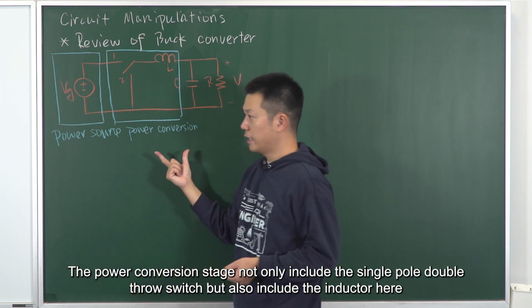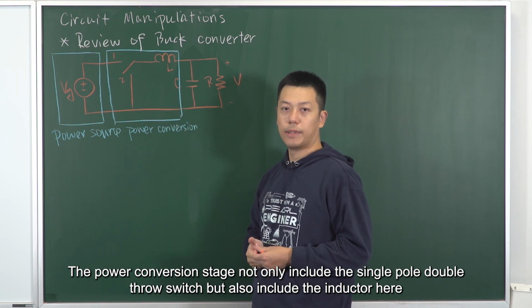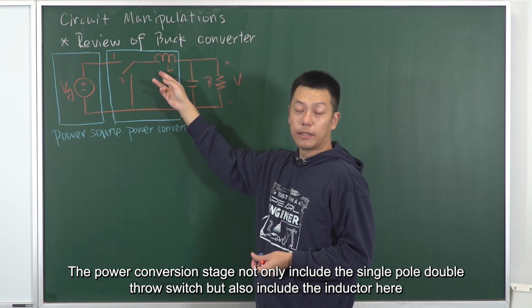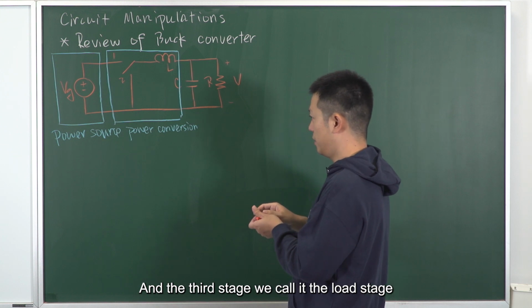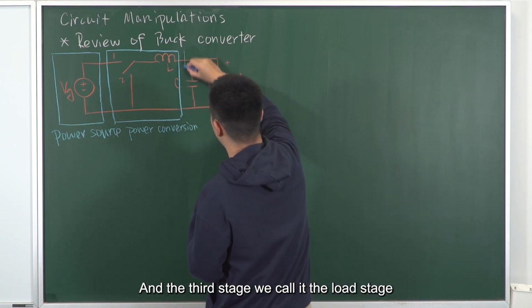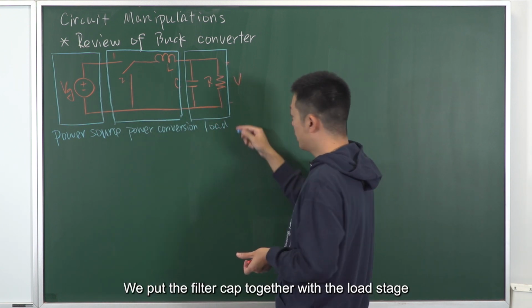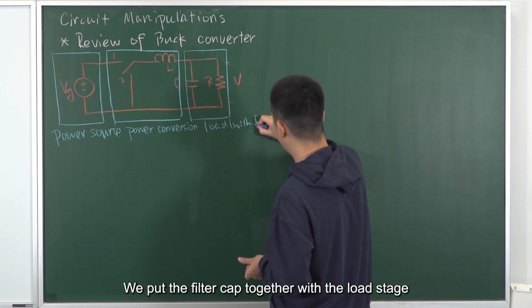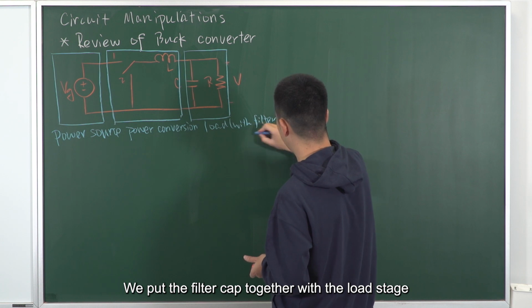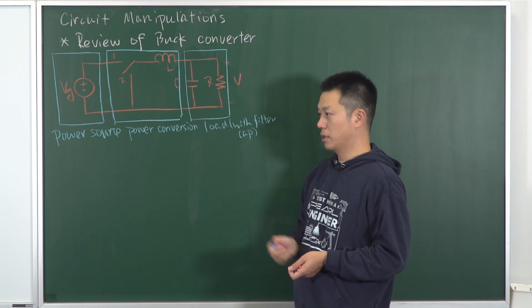The power conversion stage not only includes the single pole double throw switch, but also the inductor here. And the third stage, we call the load stage. We put the filter cap together with the load stage.